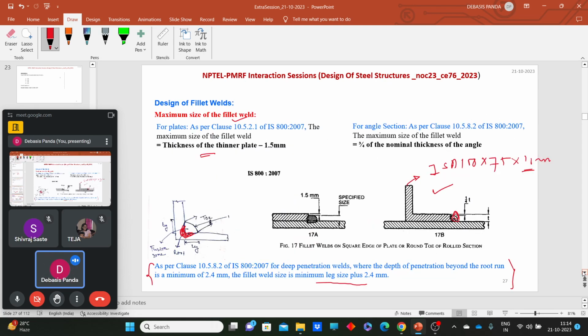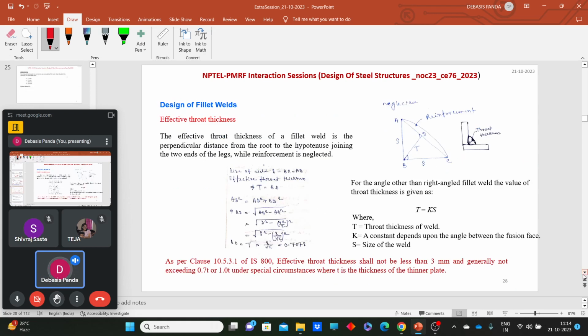Okay. Now let's quickly go through some of them, like throat thickness. What do we mean by throat thickness? The effective throat thickness is the perpendicular distance from the root to the hypotenuse of the fillet weld, like here to here.